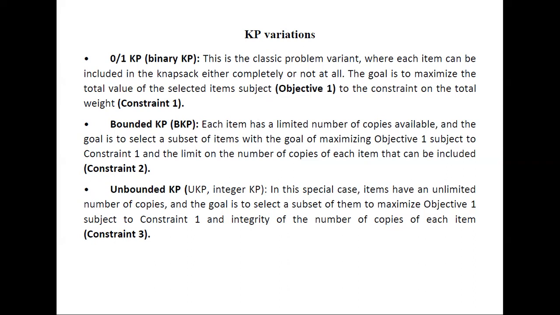The goal, again, is to select a subset of the items maximizing objective one subject to constraint one, and one more constraint which limits the number of copies of each item. And one more variant is the unbounded knapsack problem, UKP, where there is no limit on the number of copies.